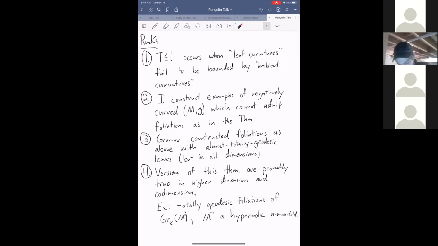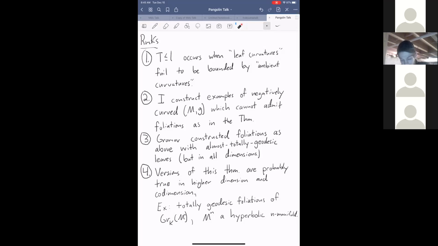Another comment on this is that it builds on work that Gromov did. He has a paper where he constructs foliations like the ones I construct in my theorem, but he does it in all dimensions. So it's a more abstract, more general approach that he has. And the leaves of the foliations that he constructs are close to being totally geodesic.